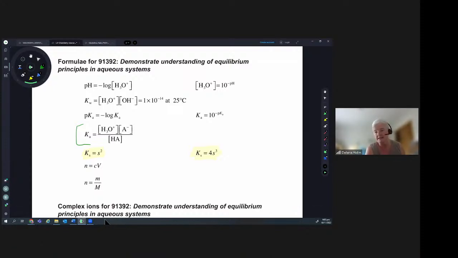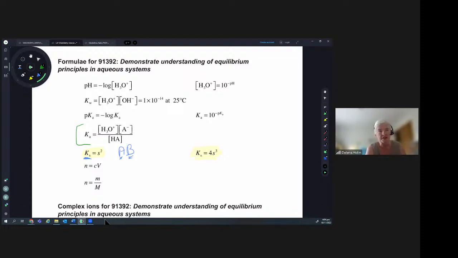Ks equals s squared. This is a solubility equation, because Ks is the solubility product, and you can use this for AB salts. What we mean by that is 1 cation to 1 anion, so calcium carbonate.